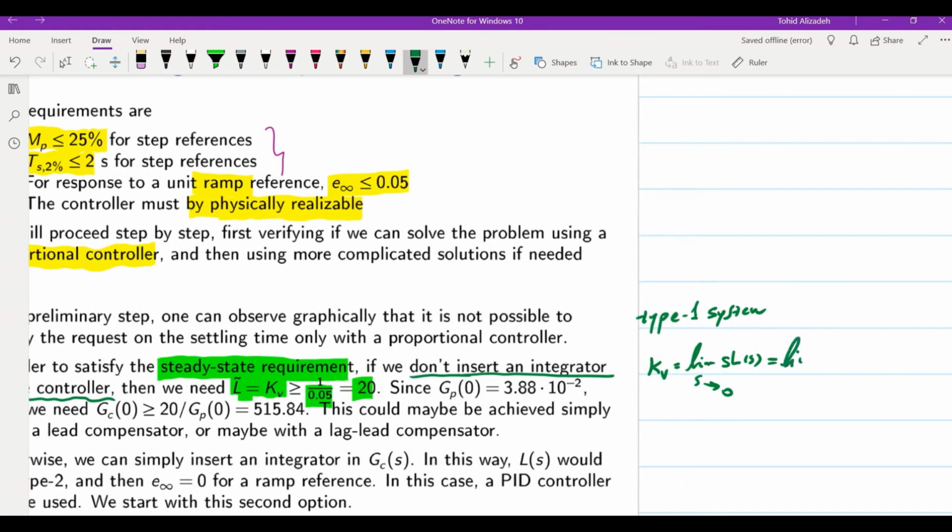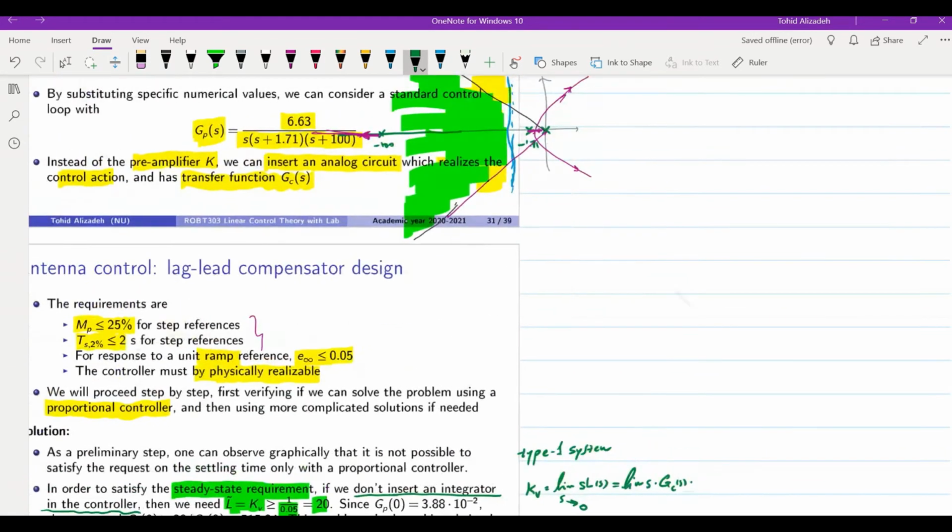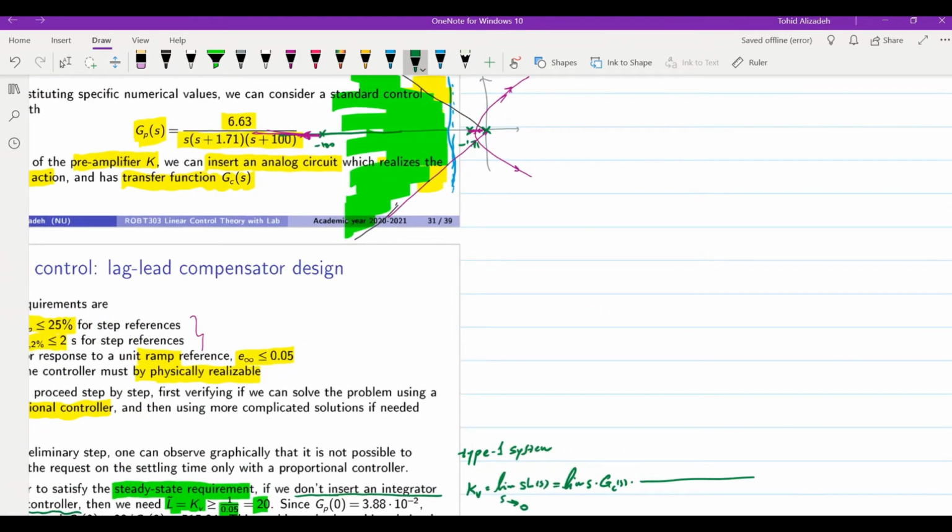And this will be equal to limit of s times GC times GP. For GP we have 6.63 over s times (s plus 1.71) times (s plus 100).